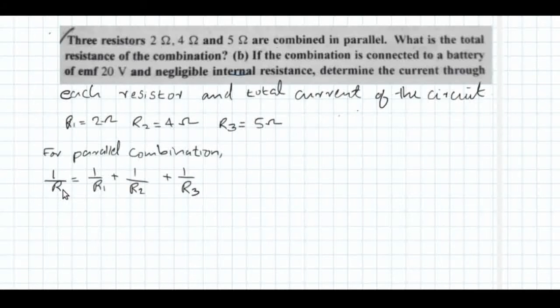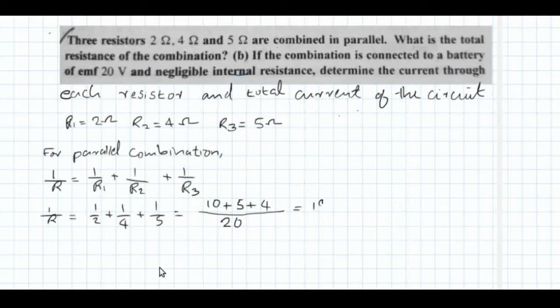combination, we know 1 by R is equal to 1 by R1 plus 1 by R2 plus 1 by R3, where this 1 by R represents the reciprocal of the effective resistance. So 1 by R is equal to 1 by 2 plus 1 by 4 plus 1 by 5, that is equal to (10 plus 5 plus 4) by 20, and that is equal to 19 by 20.